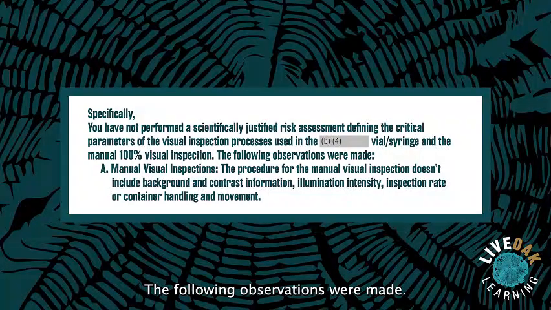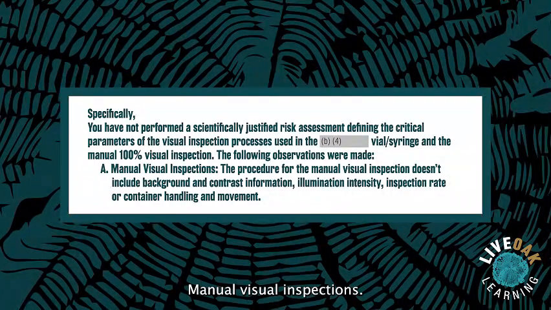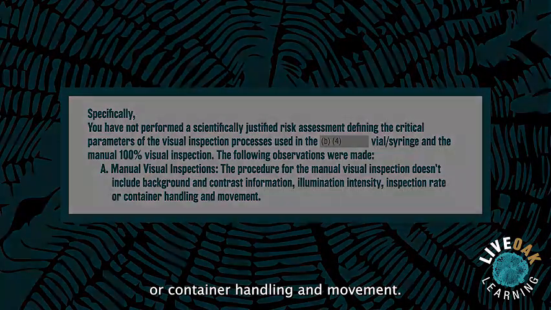The following observations were made. Manual visual inspections: the procedure for the manual visual inspection doesn't include background and contrast information, illumination intensity, inspection rate, or container handling and movement.